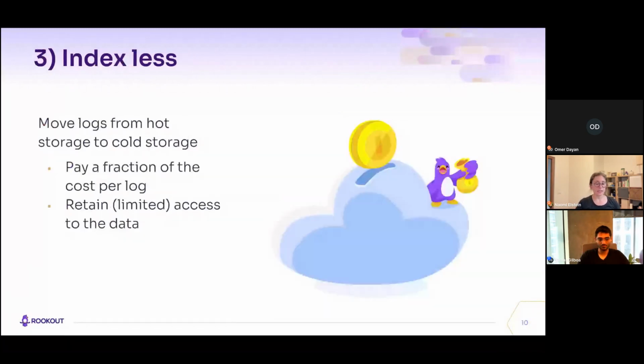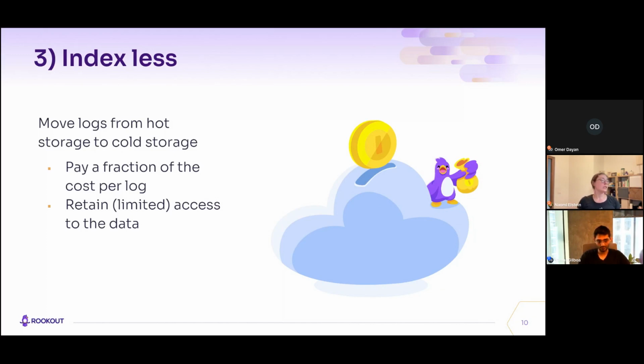Fourthly, we have indexing. Indexing is that process of making your logs accessible, making them available to immediately query. Here there's a cost benefit. Cold storage costs a fraction of the cost of hot storage, and it's essentially an archive where you have access to the data. It's still there for all of the security and compliance reasons that you would need to keep data.